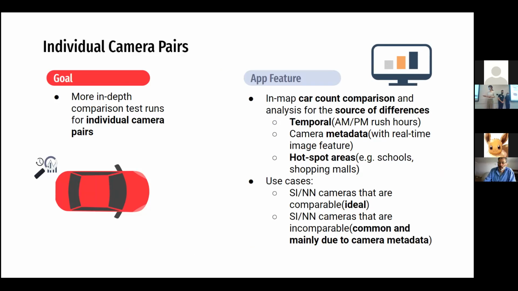And there are 2 major use cases, one being the ideal case, and the other a more common but not so ideal case, meaning that the two cameras are vulnerable to the interplay of other covariates, here mainly due to the camera metadata.